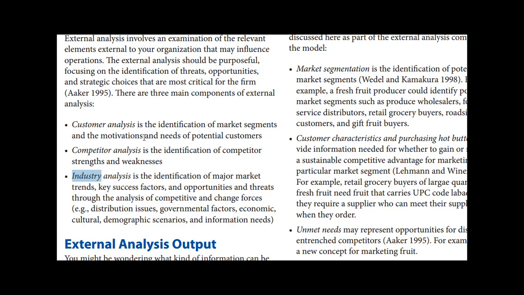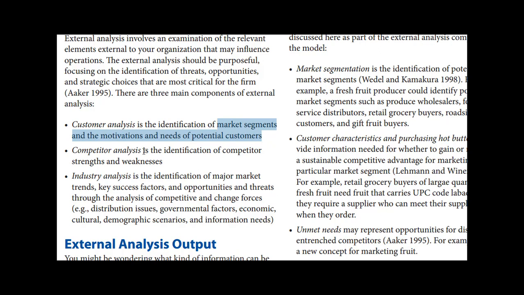The customers are the markets for which the company makes different products, and the company needs to understand who its customer is. For developing that understanding, we need to analyze it first.